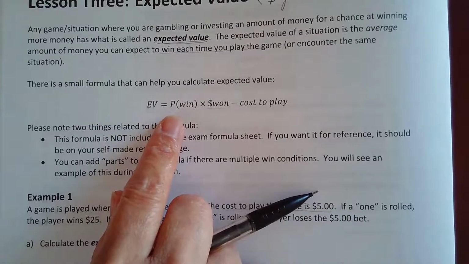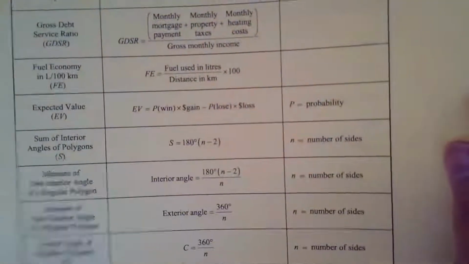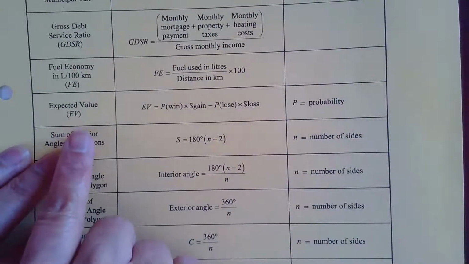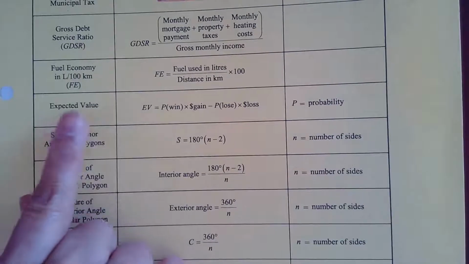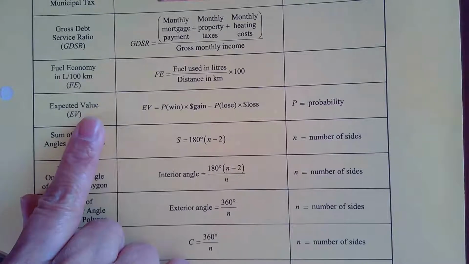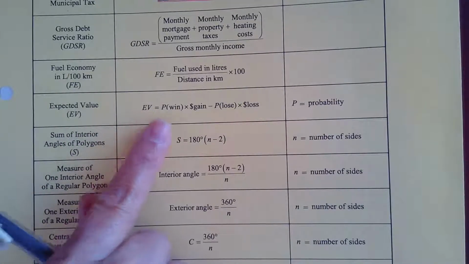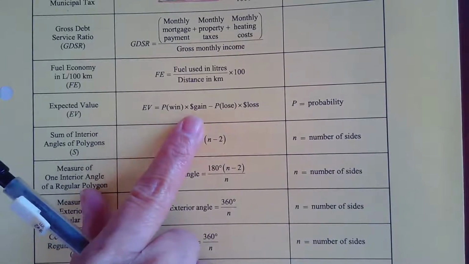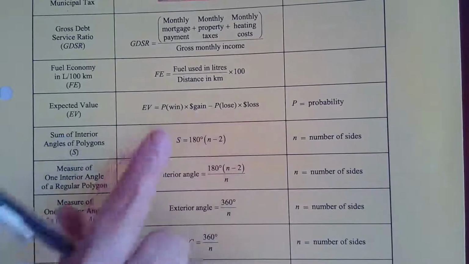Now, if we take a look at our formula sheet, the one that I gave you before, it says expected value as well. It says EV means expected value: probability of winning, the chance of winning, times money gain, minus probability of losing times loss.